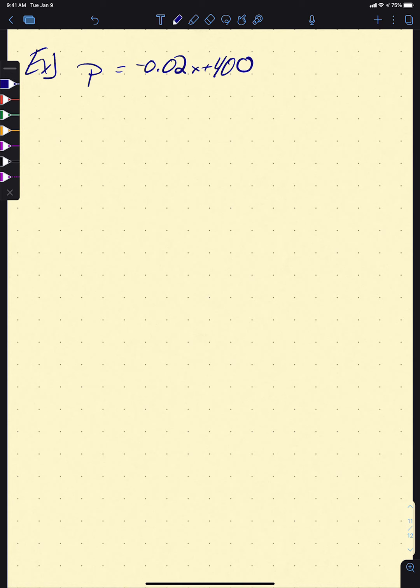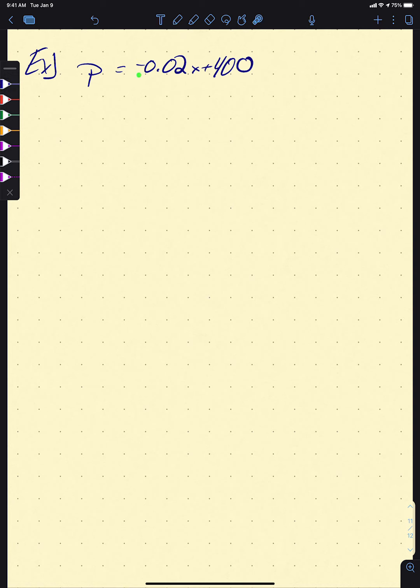This is our price for a given demand. What we can do is flip it around and solve for x in terms of p.